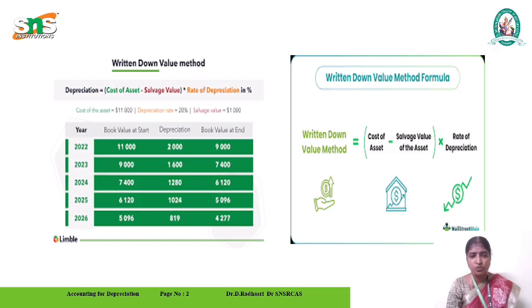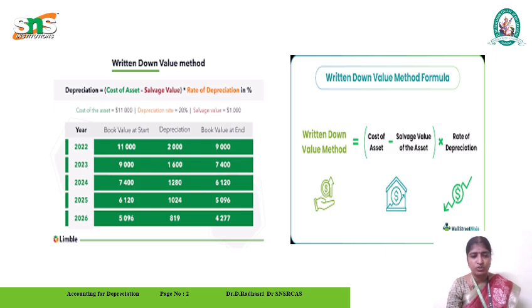The book value is showing 11,000, 9,000, 7,000, 6,000 and 5,000, and the depreciation amounts are 2000, 1200, 1280, 1240 and 890.